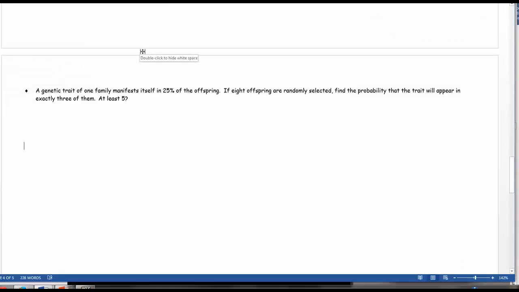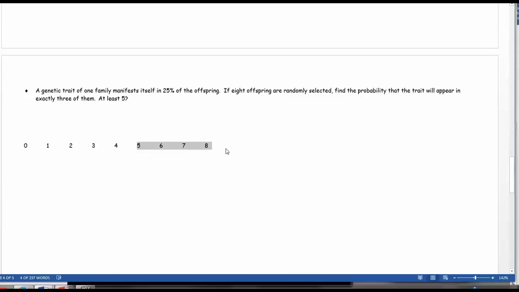Okay, so a little thought experiment before we go to the calculator. I have 0, 1, 2, 3, 4, 5, 6, 7, 8 children, the 8 children that could have this genetic trait in them. If I want at least 5, which of these numbers do I actually want to include? I want at least 5. Well, 5 would be good, 6 would be okay, 7 would be okay, and 8 would be okay.